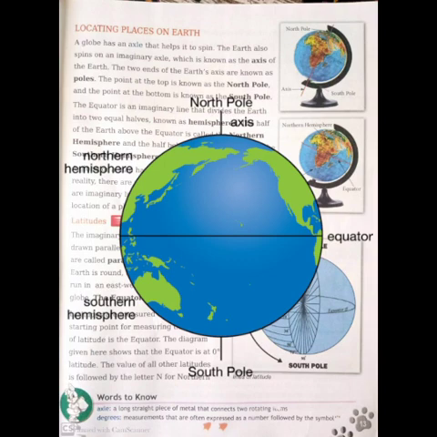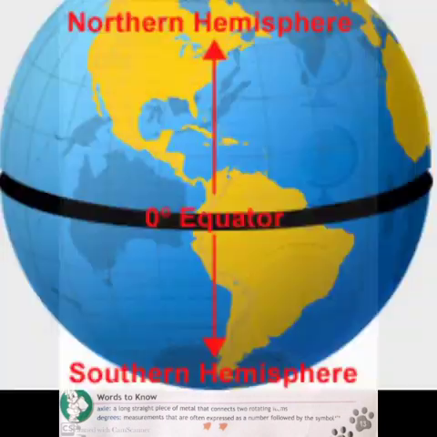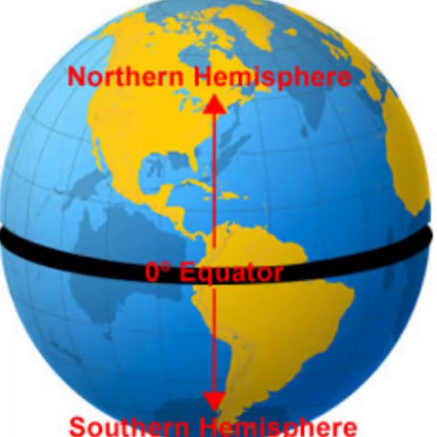The two ends of the earth's axis are known as poles. The upper one is the North Pole and the bottom one is the South Pole. The equator is an imaginary line which divides the earth into two halves, known as hemispheres.